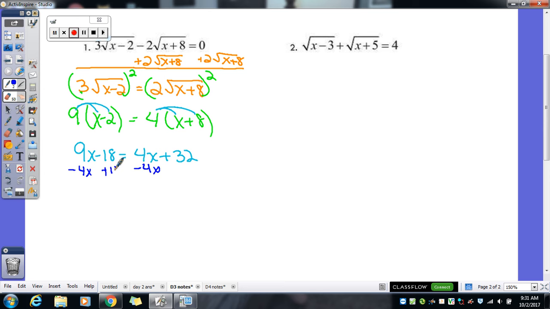Subtract our 4x. I'm going to add my 18. So I end up with 5x equals 50. So divide by 5, and we get x equals 10. So then, of course, we have to check it.